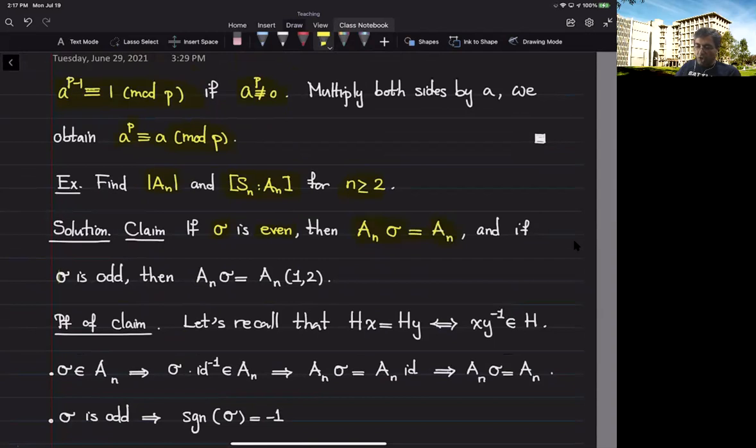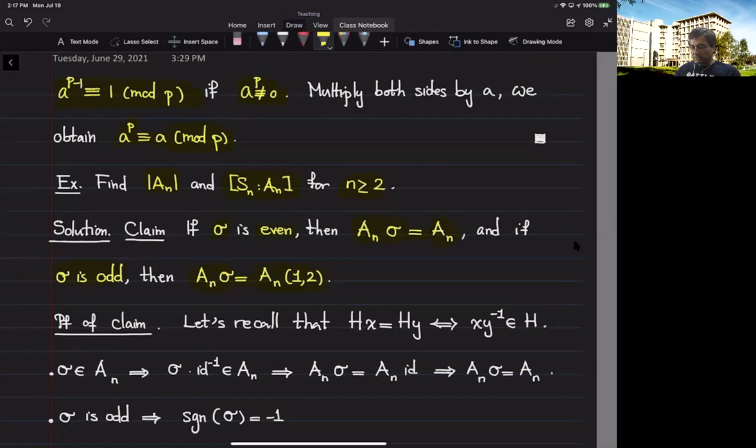If sigma is odd, then this coset is A_n times the transposition (1 2). Let's see why this is the case.